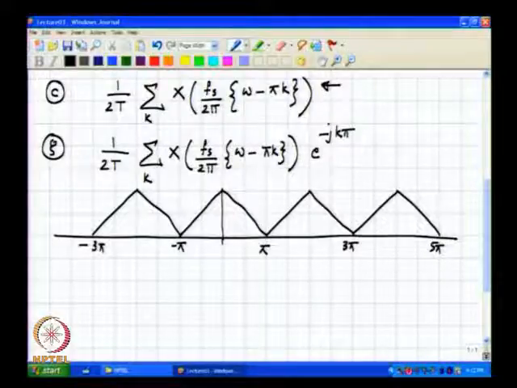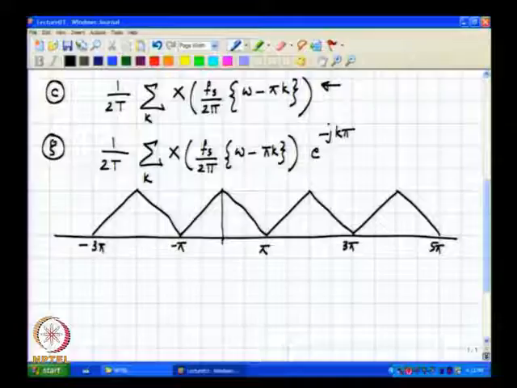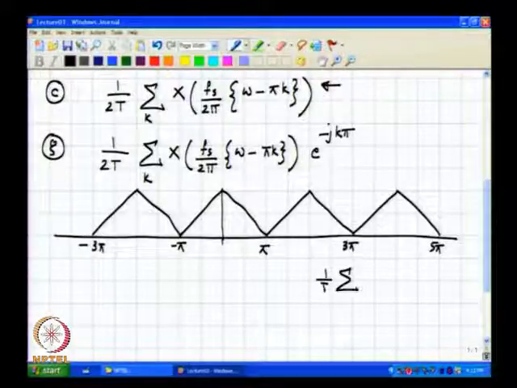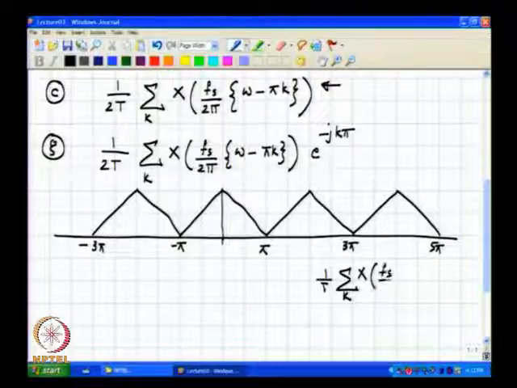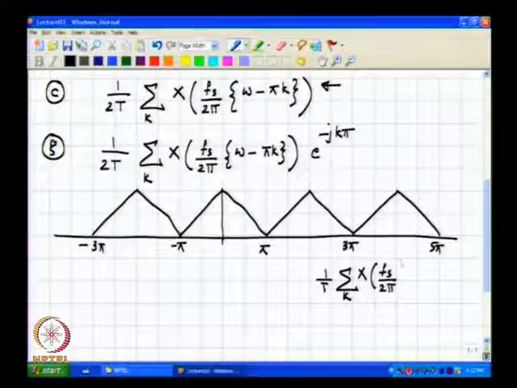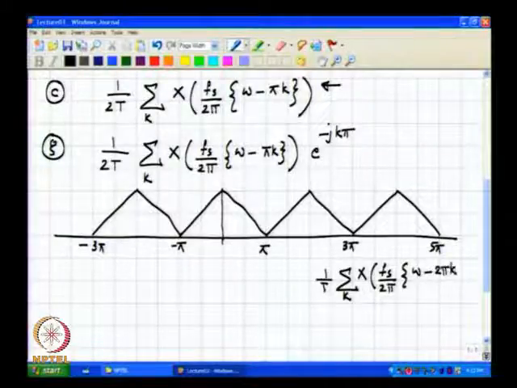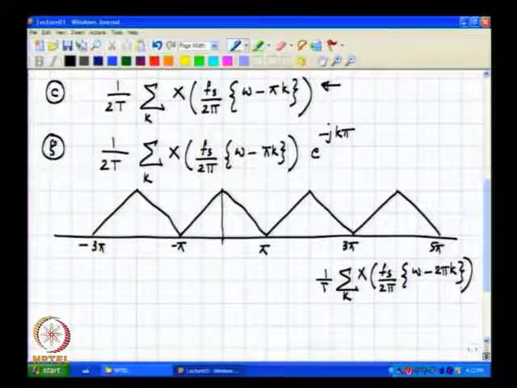What is this in the discrete time domain? This is what we would have got: omega minus 2 pi k. This is stuff that we already know.